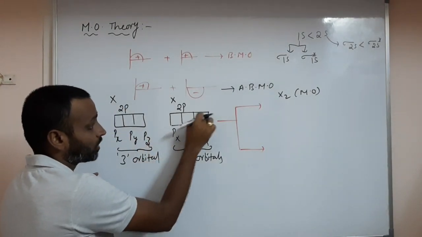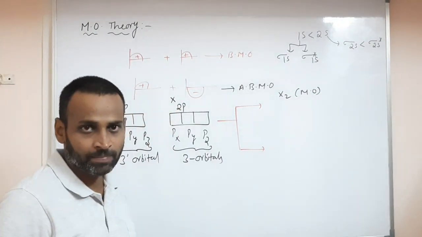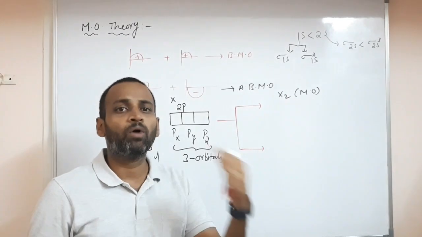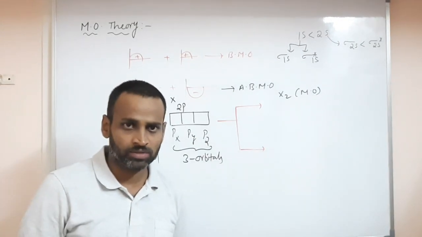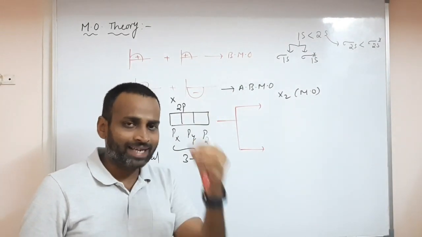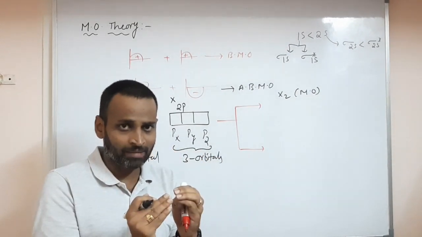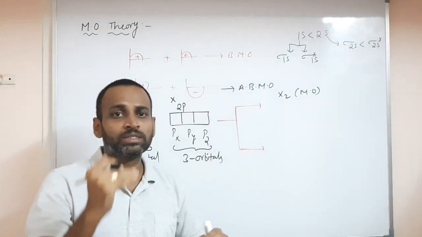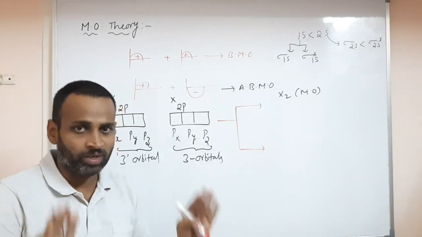Among the 6, half are bonding and half are anti-bonding. As I said, if x number of molecular orbitals form, x by 2 are bonding and x by 2 are anti-bonding, equal.